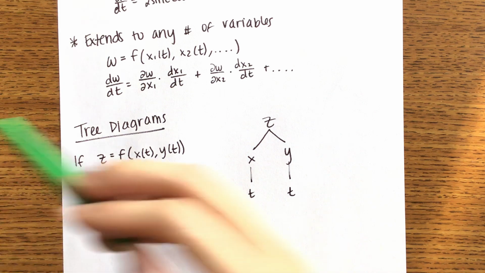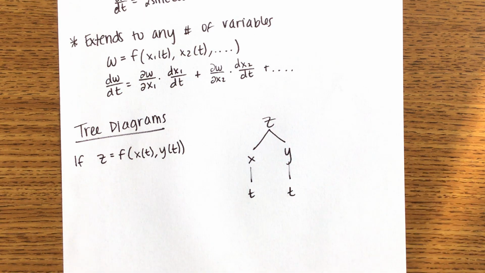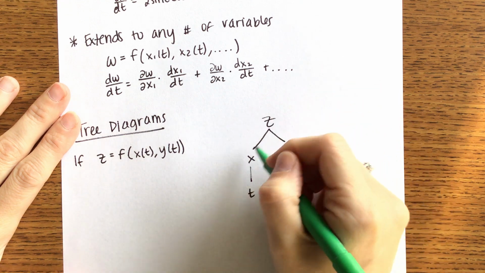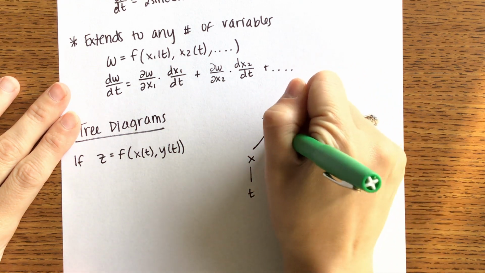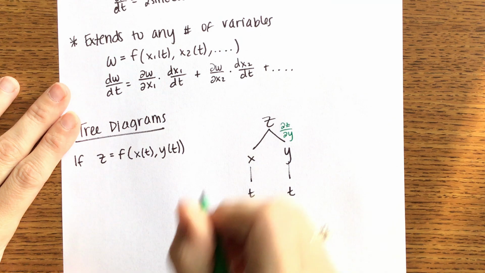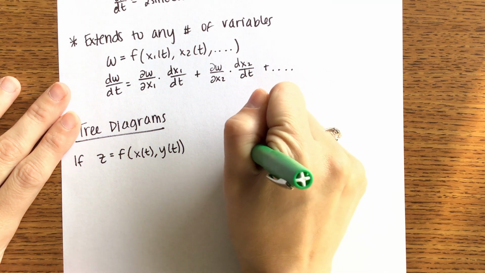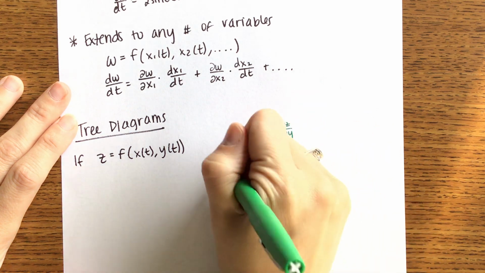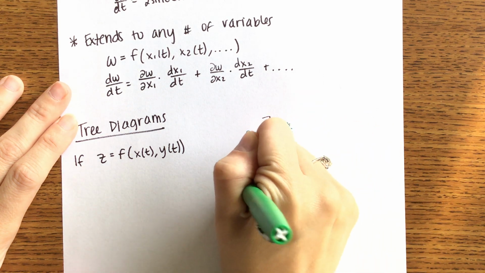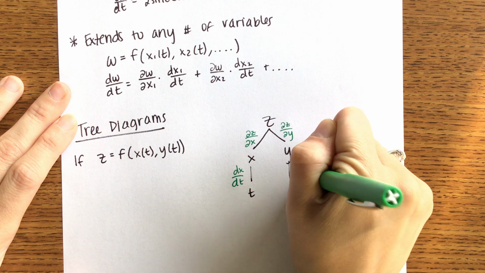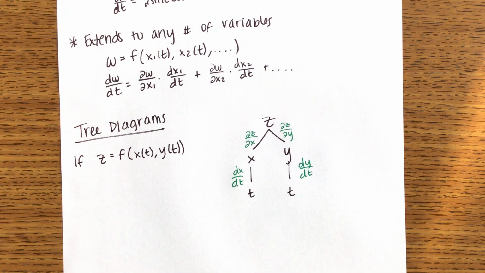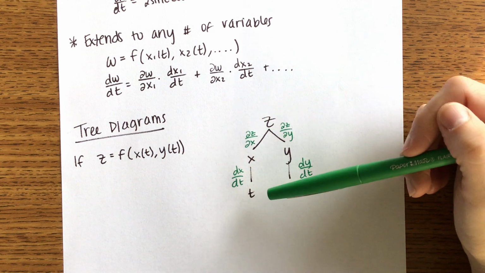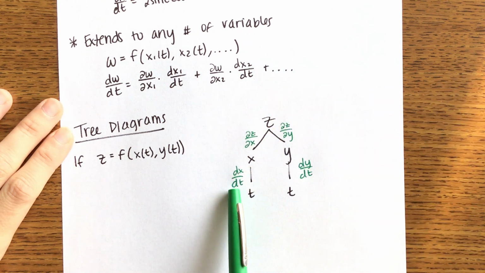So then what you want to write along those branches is the derivatives that you're going to take. So because z is defined by two variables, these are partial derivatives. X is only defined by 1, so this is the derivative dx/dt, and then dy/dt. If you are looking to take the derivative of z with respect to t, you're going to go to the bottom of the tree and find all the t's.